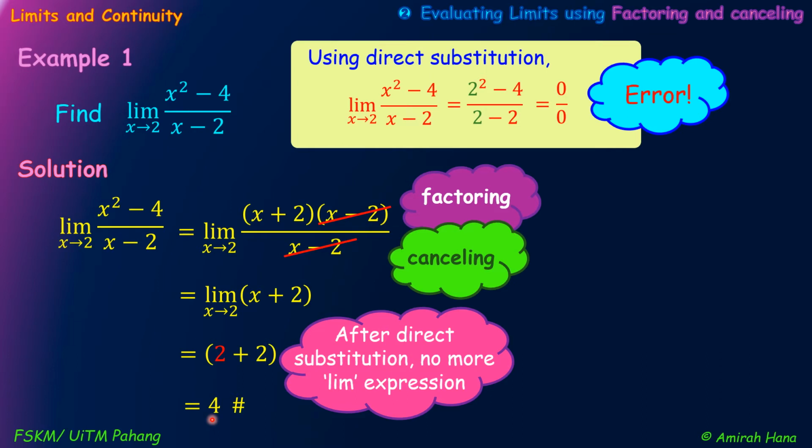So that's how we evaluate limits when direct substitution gives 0 over 0. If the function is given in terms of a quadratic or polynomial, we can use the factoring and cancelling method.